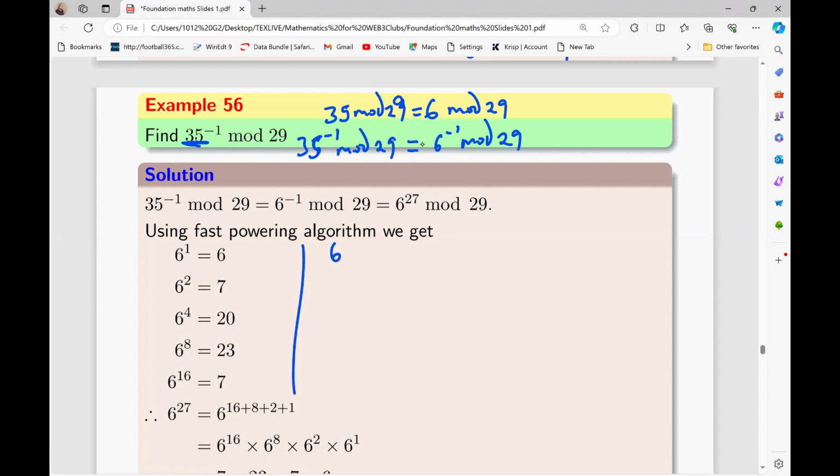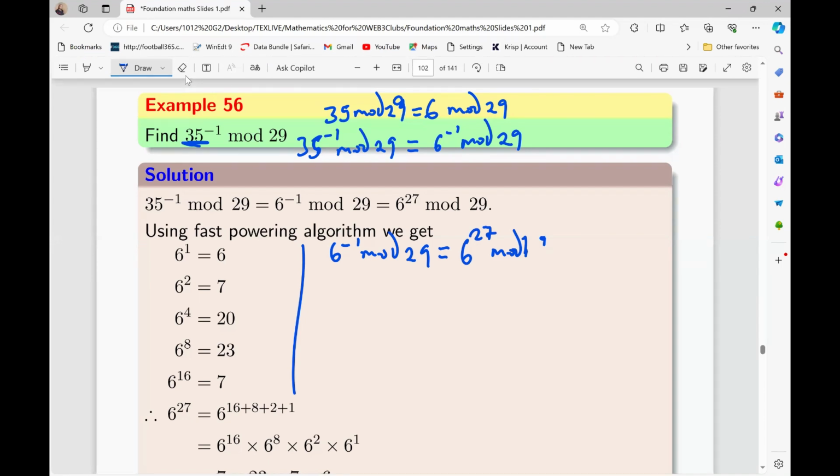What is the inverse of 6 mod 29 according to Fermat? It will be 6 raised to 27 mod 29, according to Fermat's little theorem.